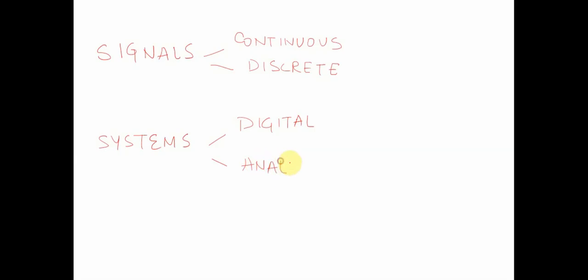What we will be discussing in this course is entirely digital systems, but it's important to understand what each and every term means. Whenever we talk about continuous versus discrete, it is with respect to time.